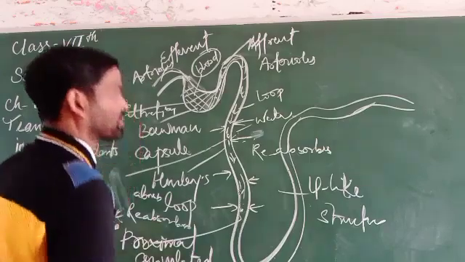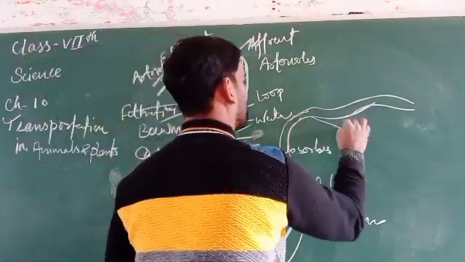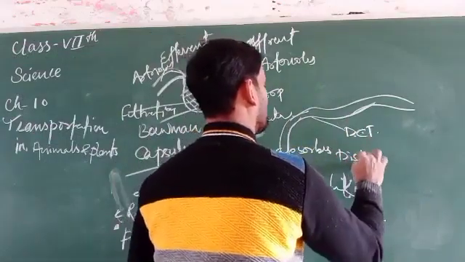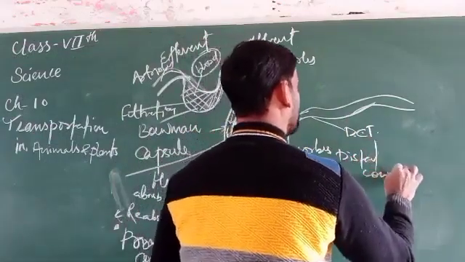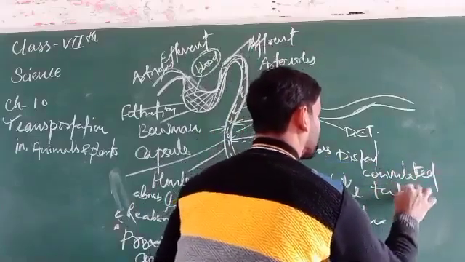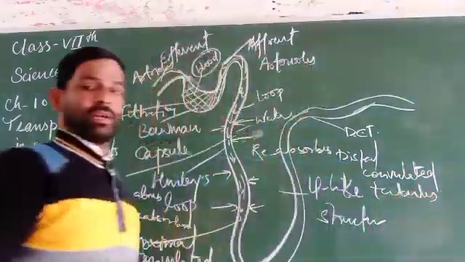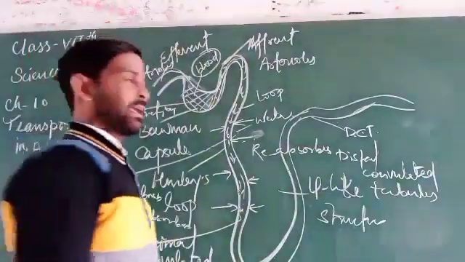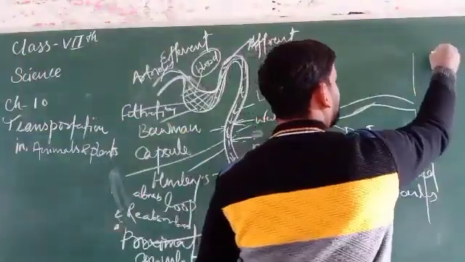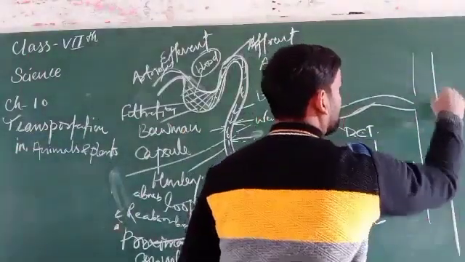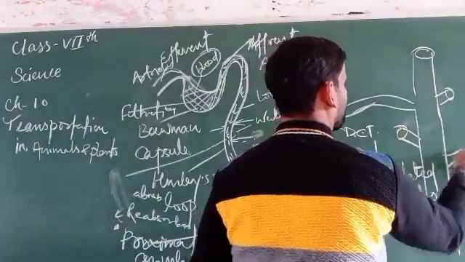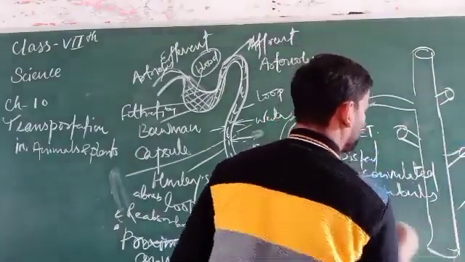This is called the proximal convoluted tubule, and this one is called the DCT, that is the distal convoluted tubule. There are a number of branches like this by which the blood gets supplied to the main vein.